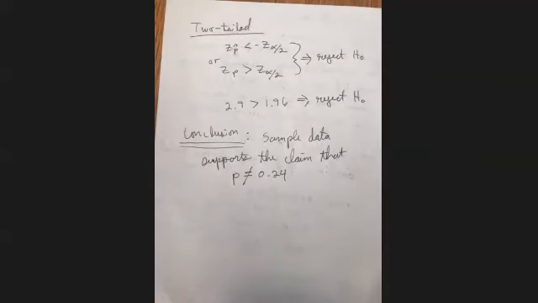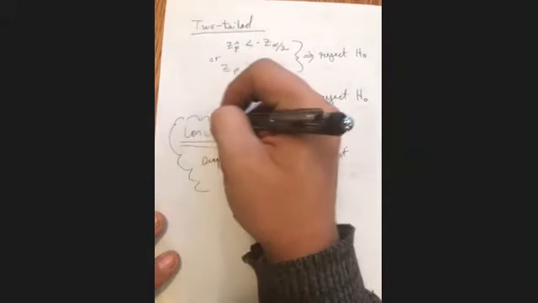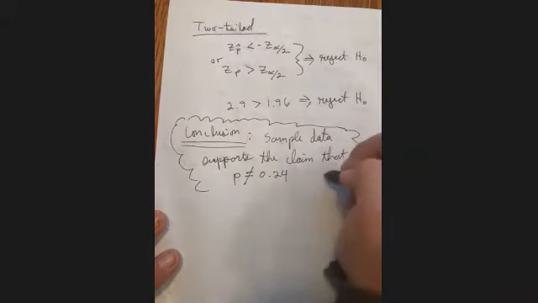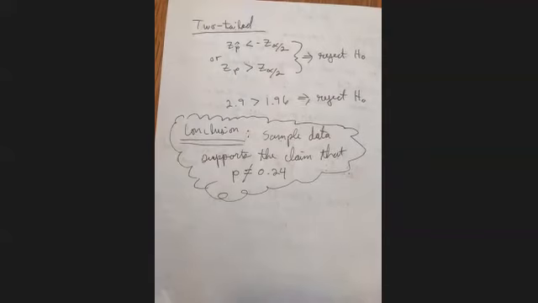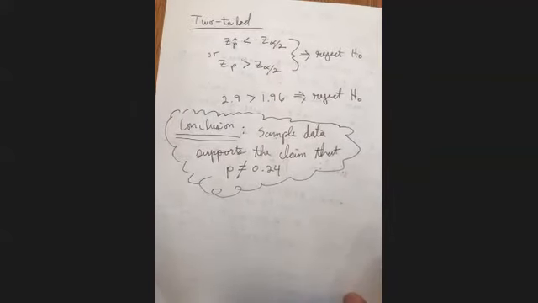The national survey was wrong. There you go. So that is hypothesis testing for population proportions.